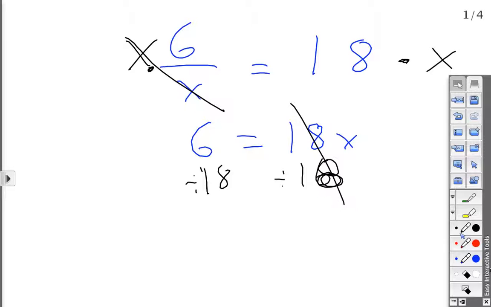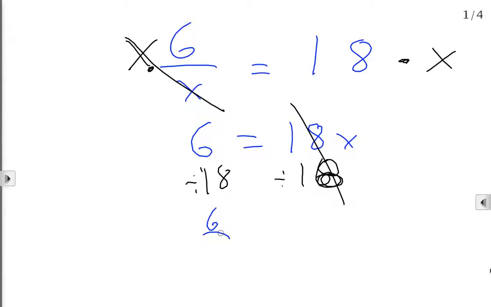And then we have 6 over 18 equals x. And so we're done, and we could probably say that this is the same thing as 1/3, or I would not prefer this, but 0.3 repeating.